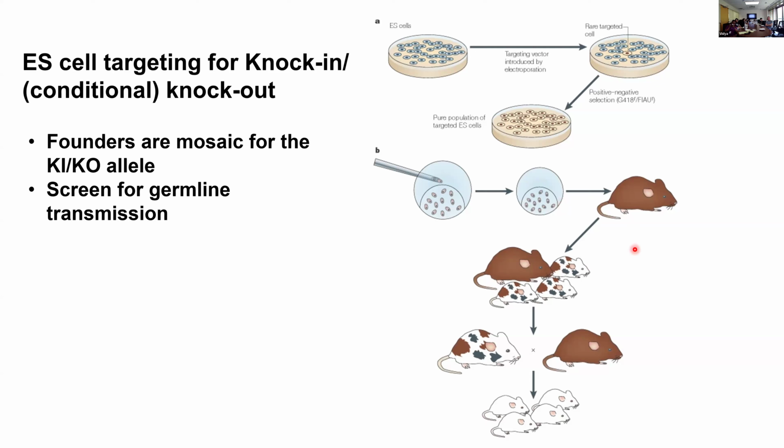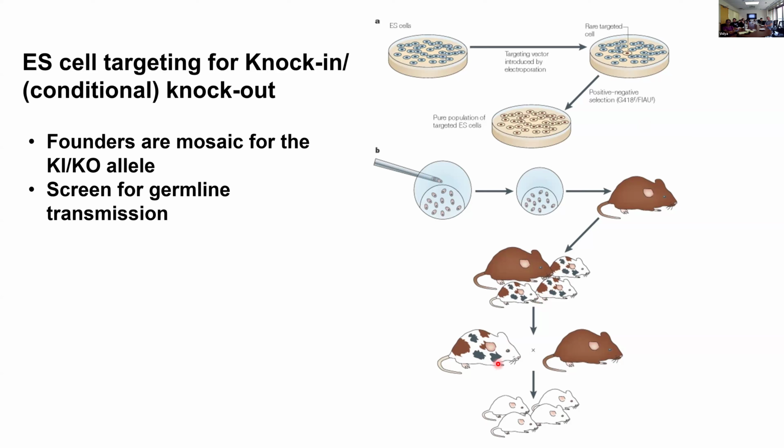The pups born from the surrogate mothers are derived from this blastocyst, but they will be mosaic, because these embryos not only contain the ES cells you inject, they also have their own ES cells. That's why it's drawn like this. So for each of those mosaics, you look for ones that have more of the coat color representing more contribution from your injected ES cells.